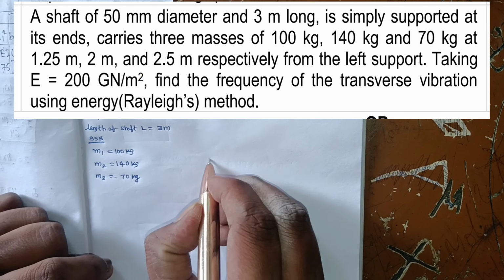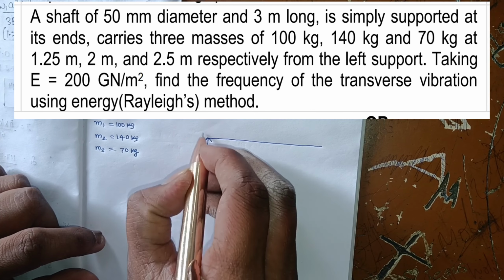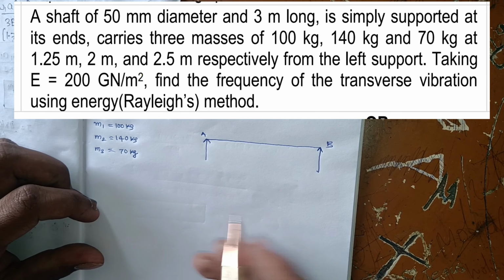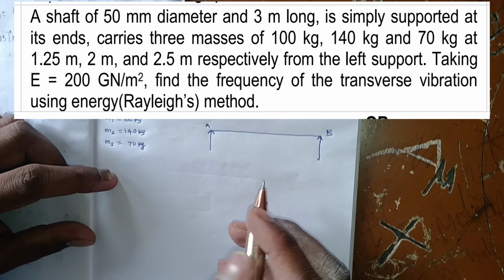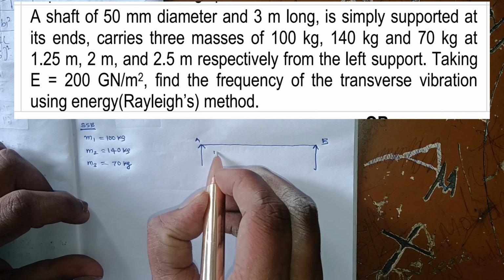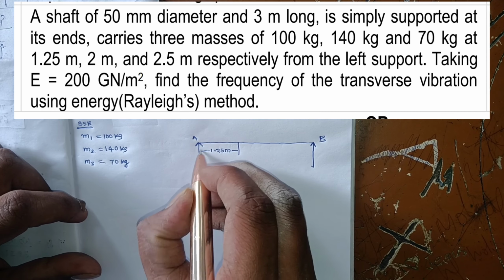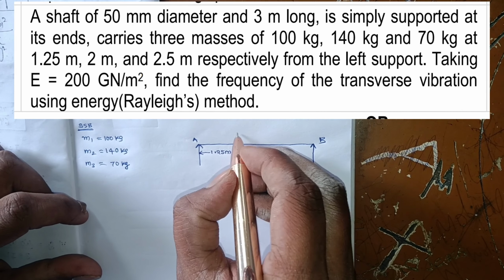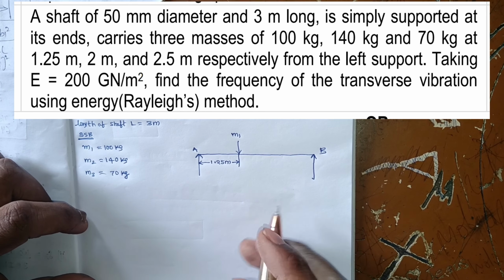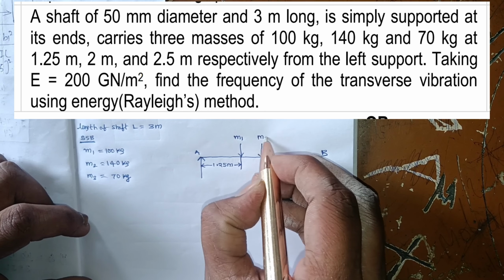As per the problem, this is the simply supported beam. Let us take supports A and B. In this they are given different lengths. The first one is 1.25 meters, that is mass M1. The next one is 2 meters, that is M2.